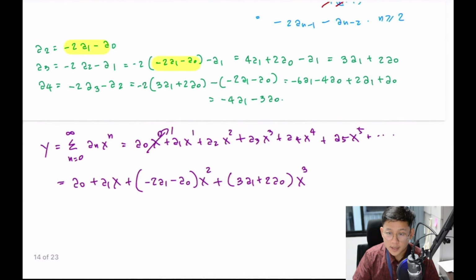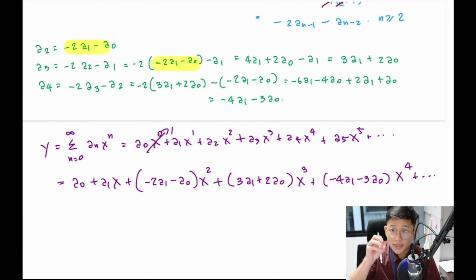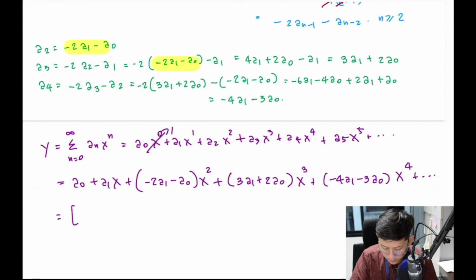Okay, and then plus a4 that will be minus 4a1 minus 3a0 x to the 4 plus and so on. Okay, and then I'll group a0 and a1 together. Okay, so this is the one.